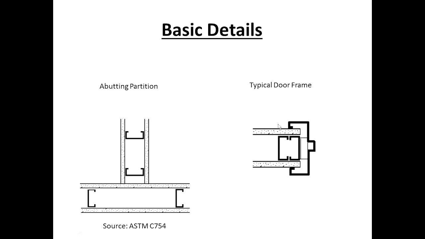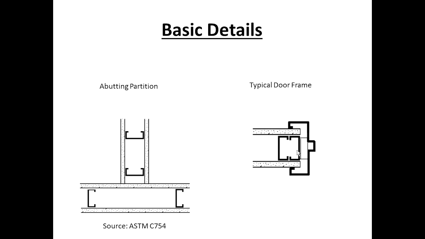Typical door frame detail, I'm showing a double stud in a box configuration. You can nest the studs, which means they overlap each other, so it's basically the width of one stud, or you can do them back to back. I prefer the box. I think it's the best way to install it.